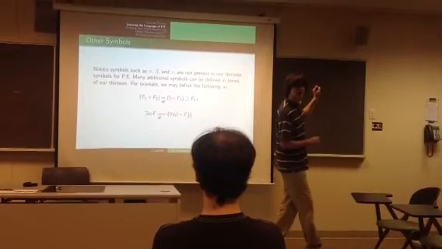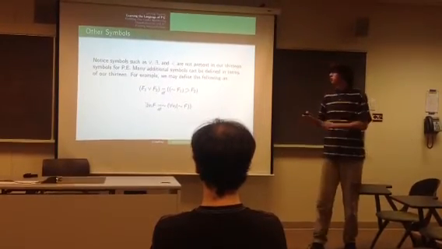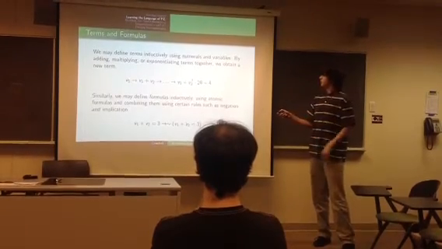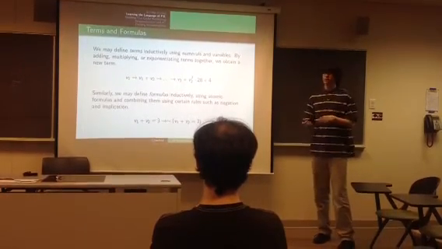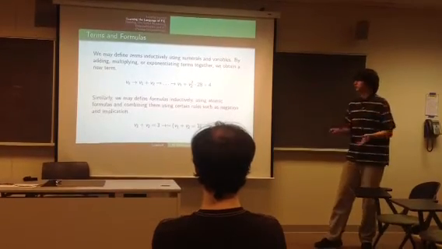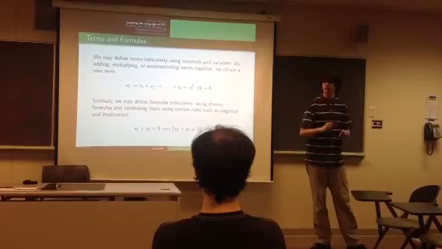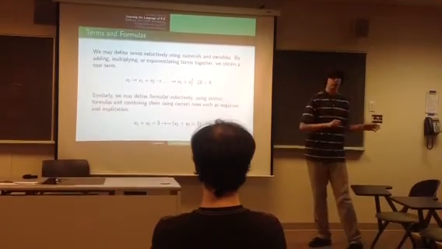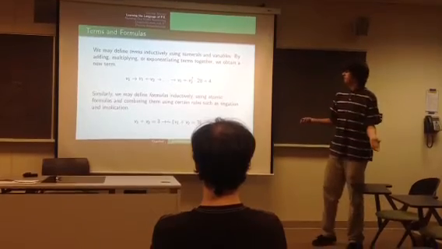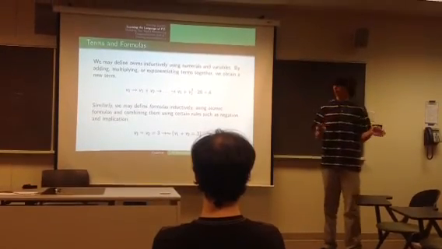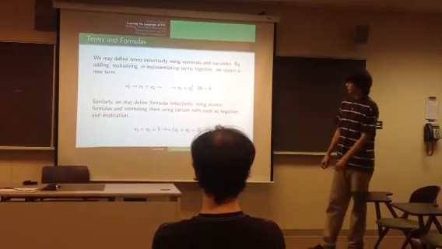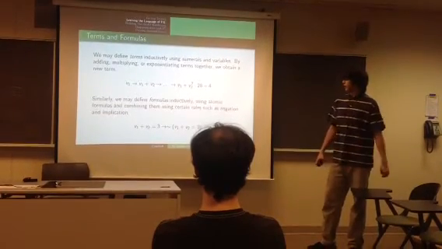What's an atomic formula? Yeah. In the case of terms, at the atomic level are things that we just assume are terms, so numerals and variables. You can call a numeral or variable an atomic term. An atomic formula is a formula of a certain form. This formula right here is an atomic formula.